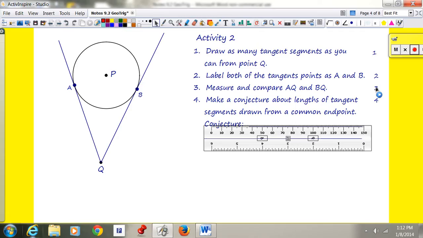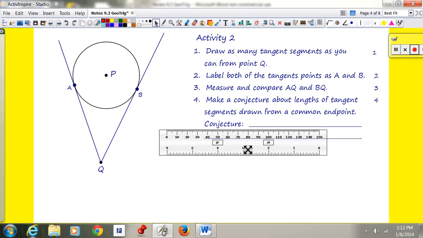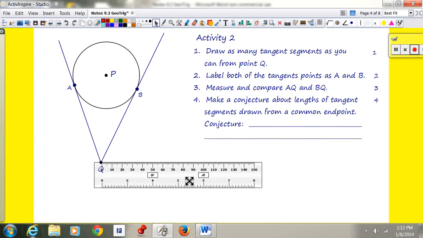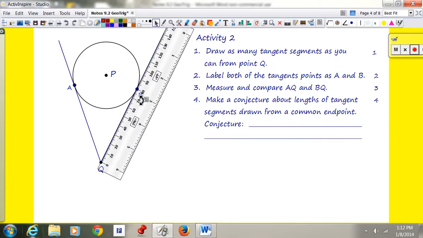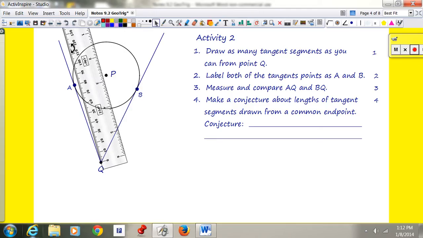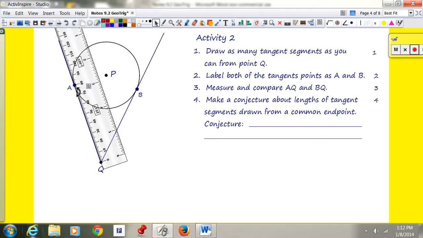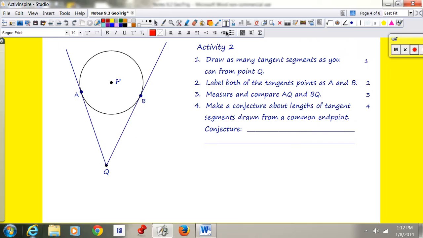So here's my ruler. I'm going to put this here at 0 centimeters. I'm going to measure BQ right there, and if you notice, it's 80 millimeters, which is actually 8 centimeters. And if I go over to AQ, it's exactly the same, 8 centimeters, or 80 millimeters. So both of them came out to be exactly 8 centimeters.